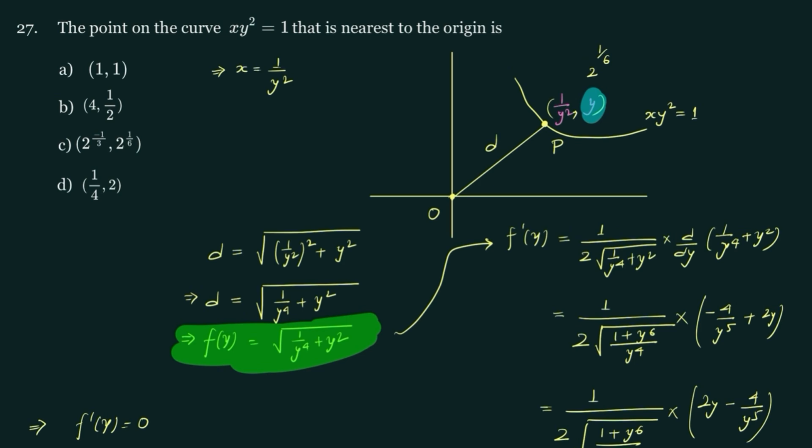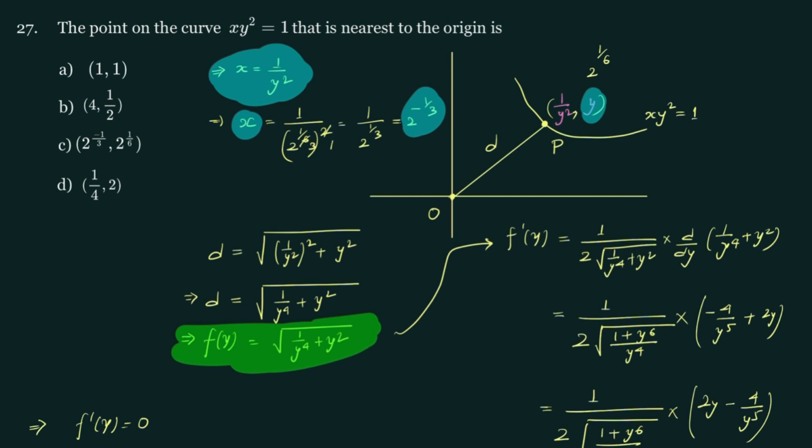Now since we know that x equals 1 by y square, from here x equals 1 by, the value of y is 2 to the power 1 by 6, so it will be whole square, and this will be equal to 1 by 2 to the power 1 by 3, because 2 ones are 2, 2 threes are 6, so it will be 2 to the power minus 1 by 3. That means the value of x is 2 to the power minus 1 by 3.